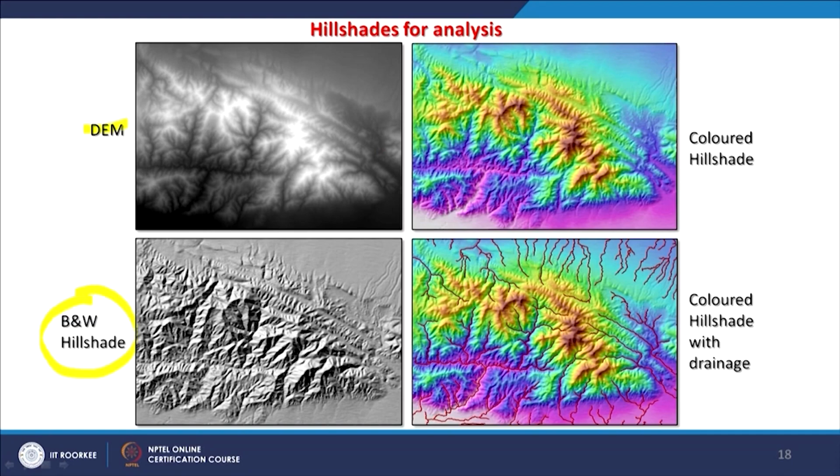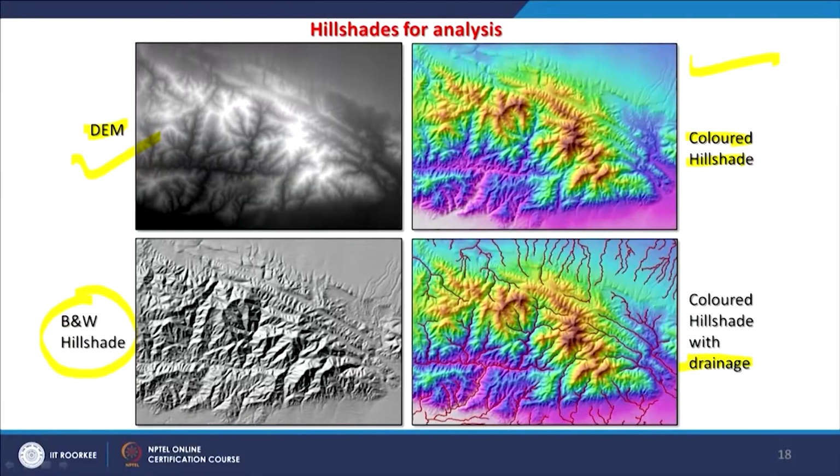So, here again the same digital elevation model which we have taken in our examples, I have created a black and white hillshade, and a colored hillshade is also here, because the top DEM has been assigned a color ramp and the hillshade has been kept in the background, and this DEM has been kept at 50% transparency. So, both are being displayed here. So, ultimately what you are seeing is a hillshade in color. So, it is more useful in that one.